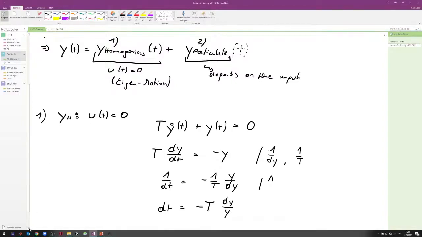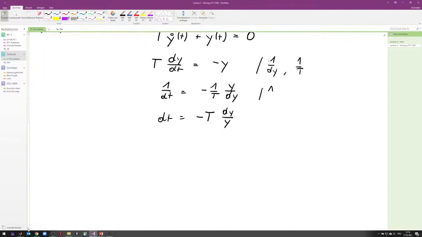And now we are actually at the point where we can think of integrating this, right? So this is called the separation principle. You simply separate these two things and then you can solve it. So now we're going to do the integration. If we integrate dt, it's going to be t. And if we integrate this, it's minus t.